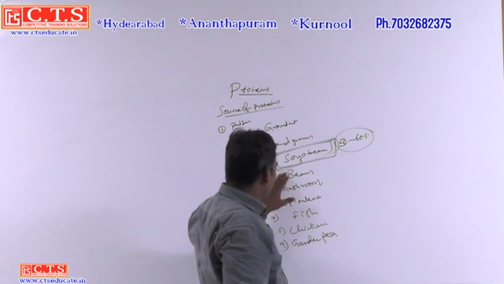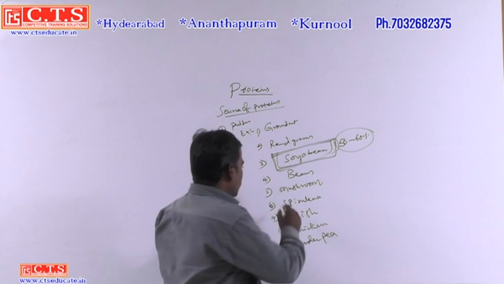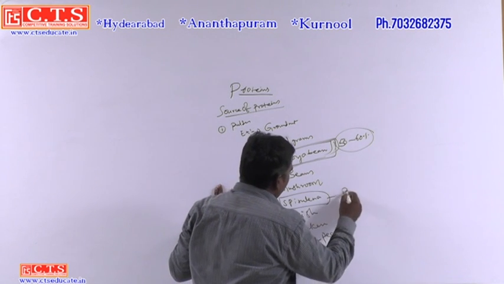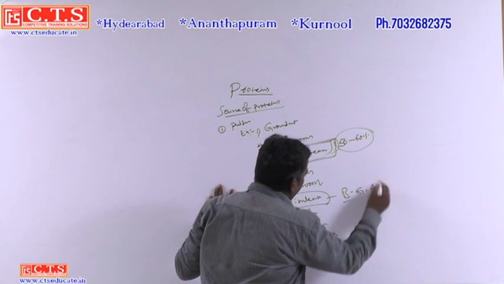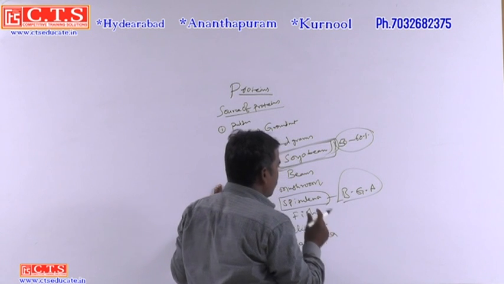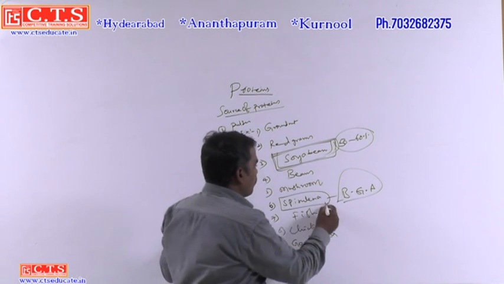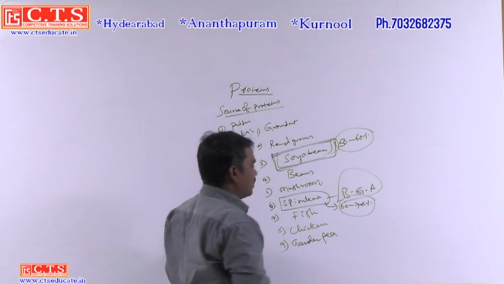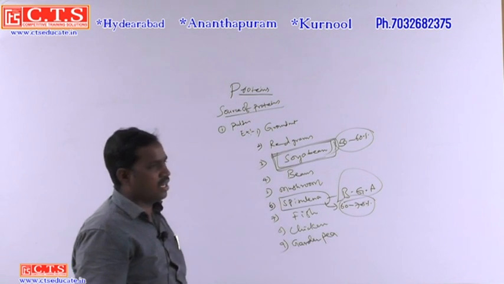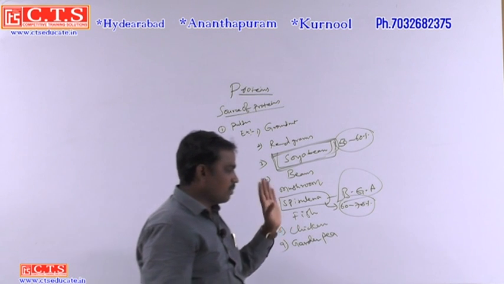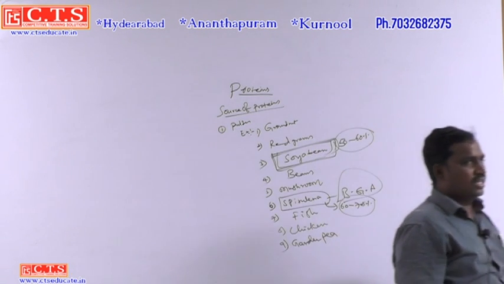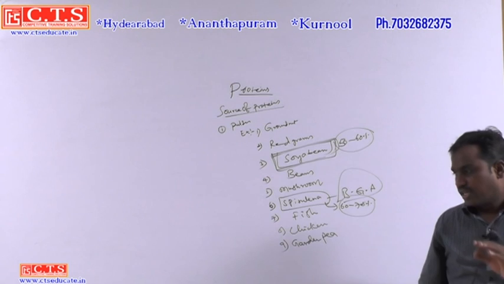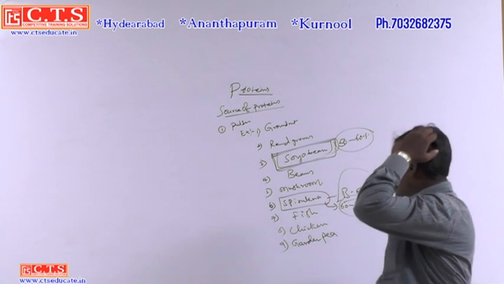Next, beans, mushroom, spirulina, a blue-green algae. 60 to 70% of the proteins are present in spirulina. It is one type of algae and a source of protein.